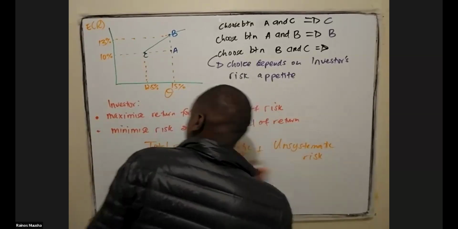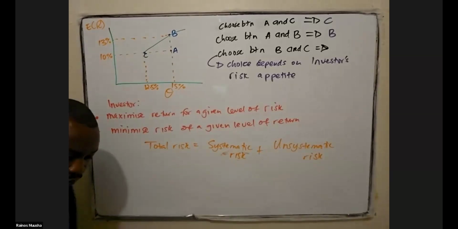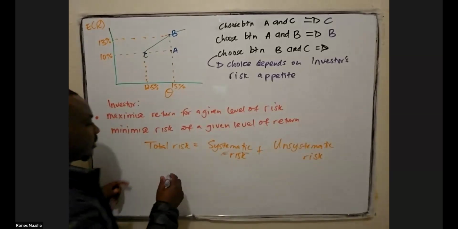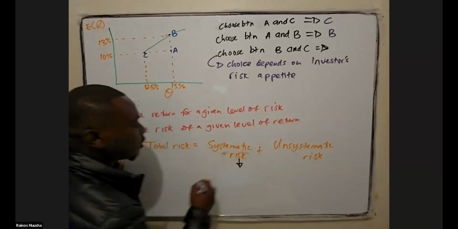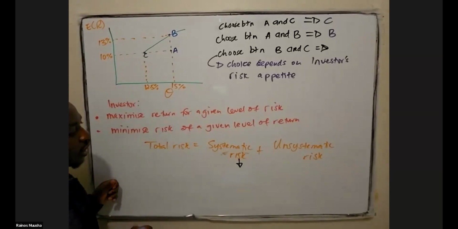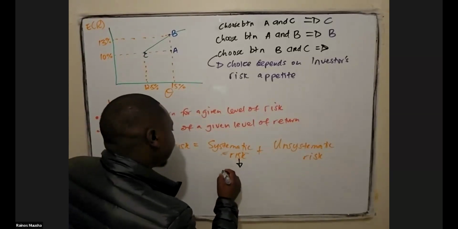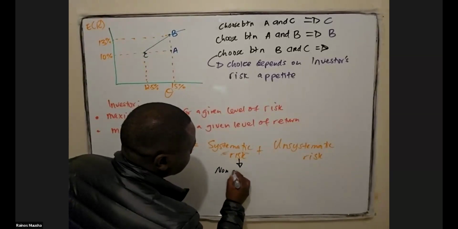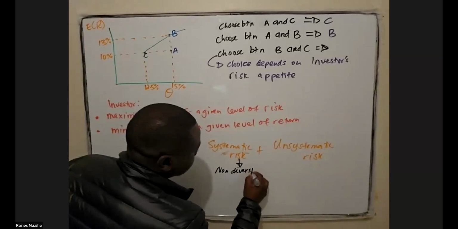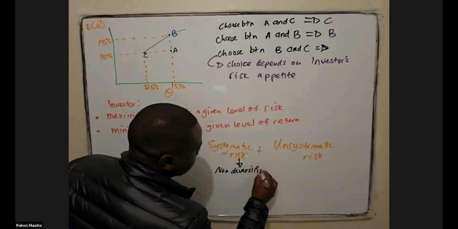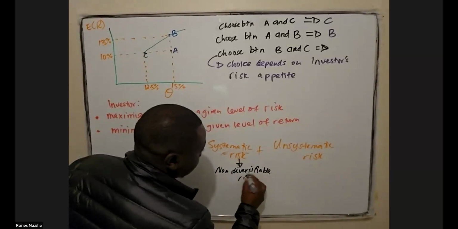risk. Now, your systematic risk is also sometimes referred to as your non-diversifiable risk.